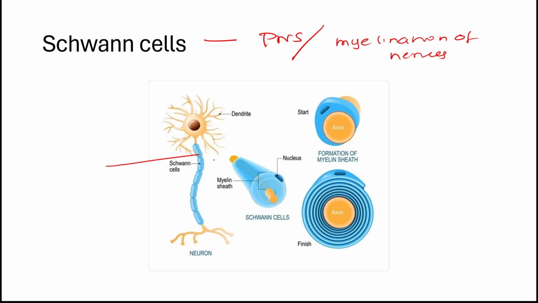Initially the Schwann cell starts wrapping around the axon or the axolemma, and with time the membrane will fold in multiple wounds in a very consecutive, concentric way. These membranes are very abundant in proteins as well as lipids.